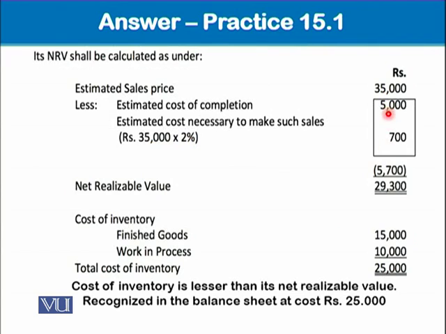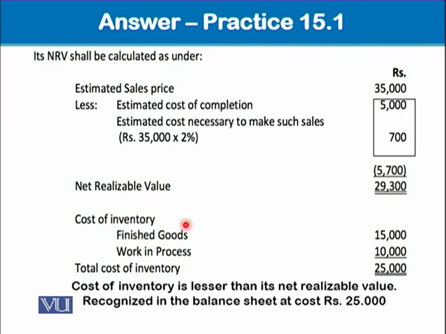So this 5,700 will be subtracted from the estimated selling price. This is its net realizable value, 29,300.